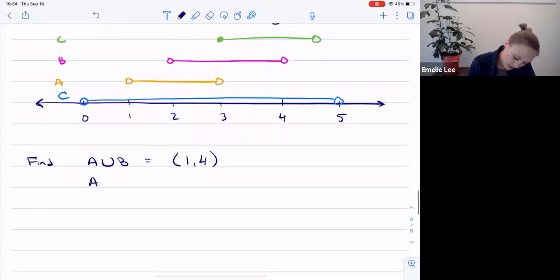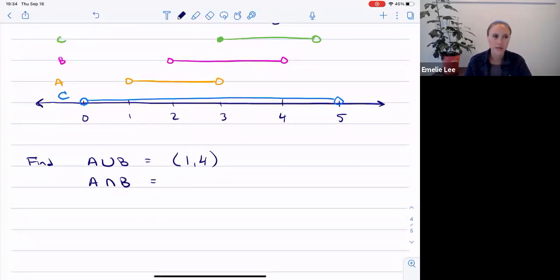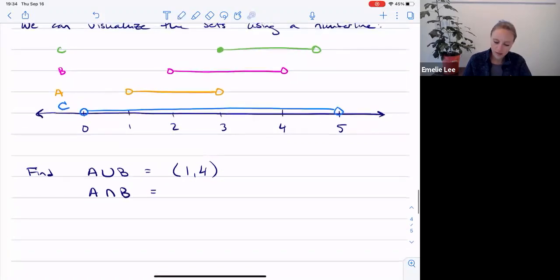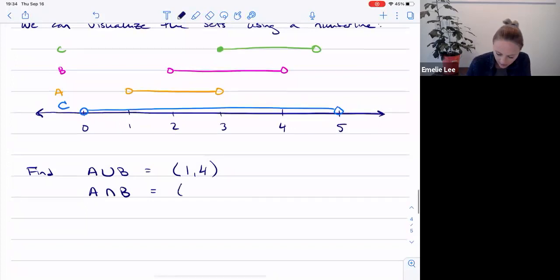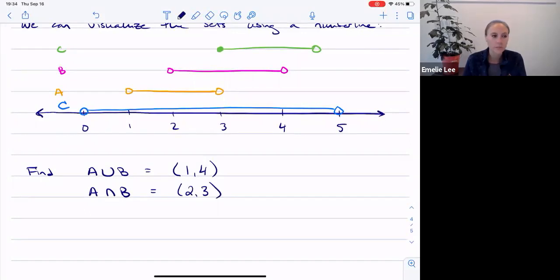What if I want to talk about A and B? Now I'm looking at just the overlap between A and B. That is here, starting at 2, but not including 2, and then going up to 3, but not including 3. So that's going to look like this, 2 to 3.